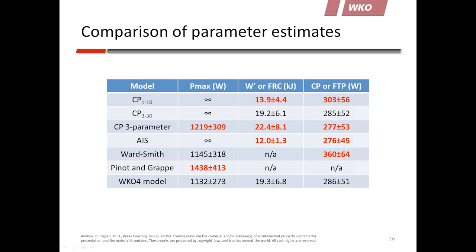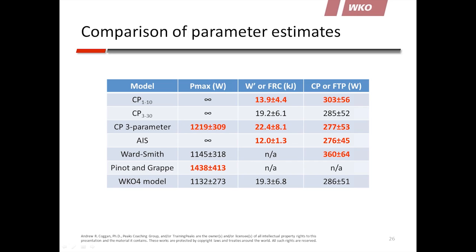And finally, when you look at the critical power values, using CP 1 to 10 gives a significantly higher value than the new model. This, in fact, is why I made the suggestion way back when that people use longer durations. And in fact, if you do, you get an estimate that is, on average, nearly identical to that of the 4.0 model.